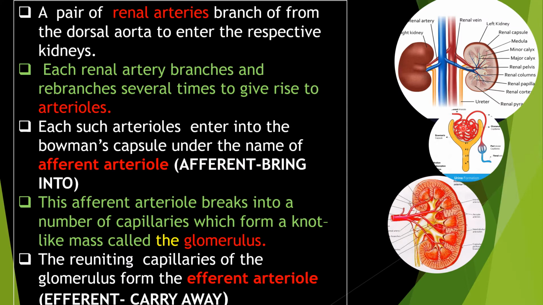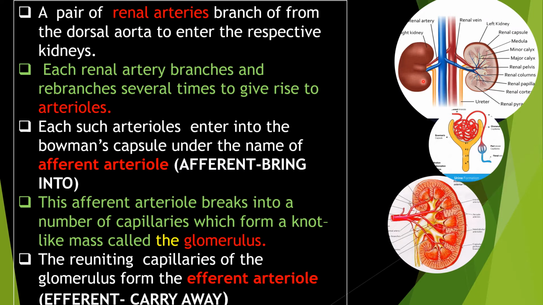These capillaries we call the glomerulus. Then these capillaries of the glomerulus reunite and form the efferent arteriole. What is the function of the efferent arteriole? It will carry away blood from the glomerulus.